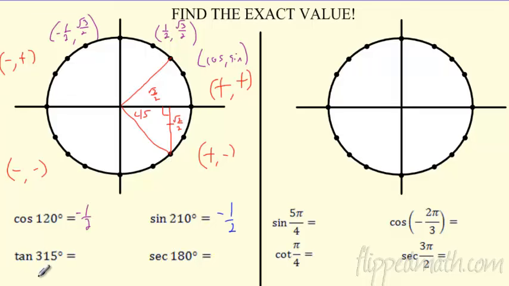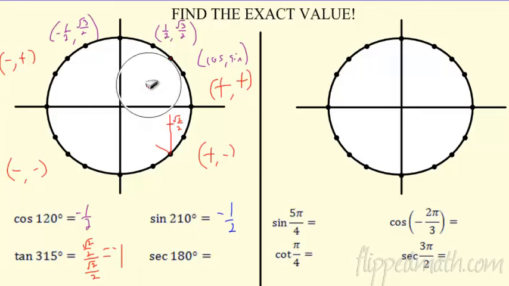Or in this case, I'm looking for the tangent. Tangent is opposite over adjacent, so you're saying radical 2 over 2 over radical 2 over 2. What is that? Anything over itself is just 1. So not only is it a 1, it is a negative 1 because the signs are different. Another way to think about opposite over adjacent for tangent is sine over cosine, and that may be a little bit easier for you. Woo! This is crazy. Kind of hurts the brain a little bit.